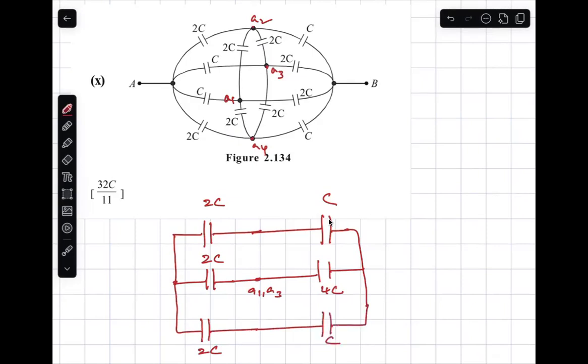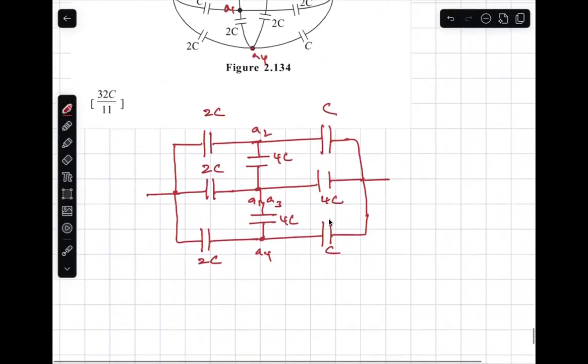C. Any doubt till here? And what is this point? A2. What is this point? A4. And they were connected by 4C. 2C, 2C projected one over the other. 4C. Actually, you are supposed to find this.